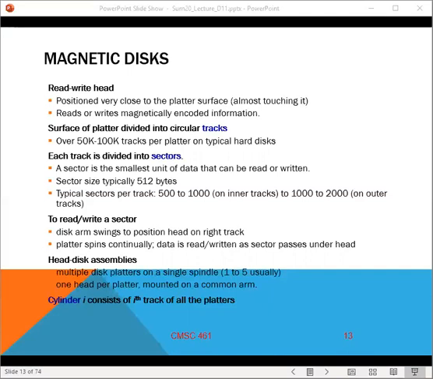A sector size is going to be typically 512 bytes. And then the disk arm is going to swing to the appropriate track. And then as the platter spins, it'll pick up the sectors on that track that are of interest.